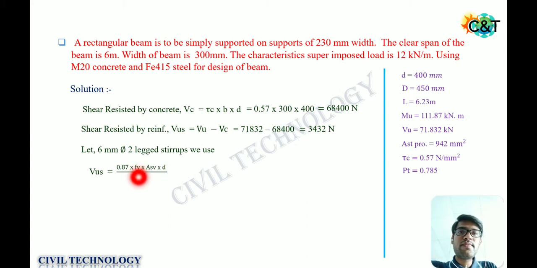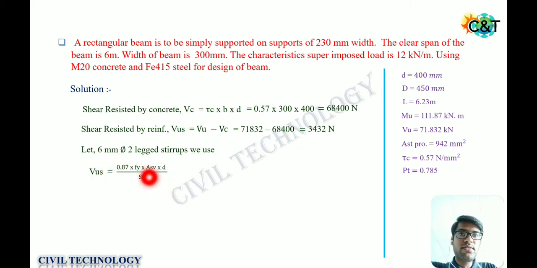Note here that the fy value is the characteristic strength of the stirrups, not the main reinforcement which is given in the problem. The 6 mm diameter stirrup comes in mild steel form, so we take the fy value as 250 Newton per mm square. Please note this down.